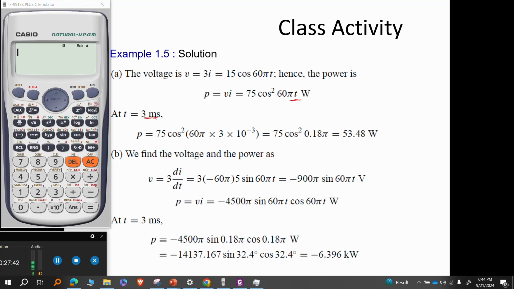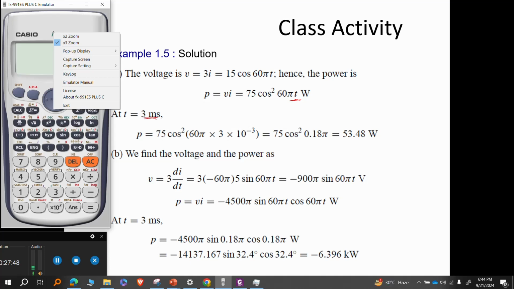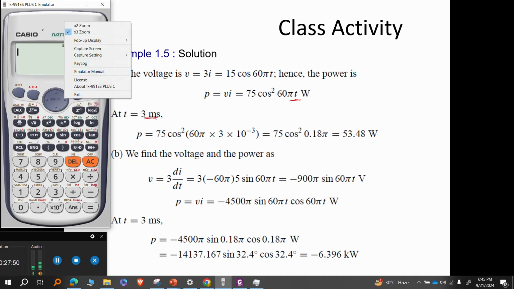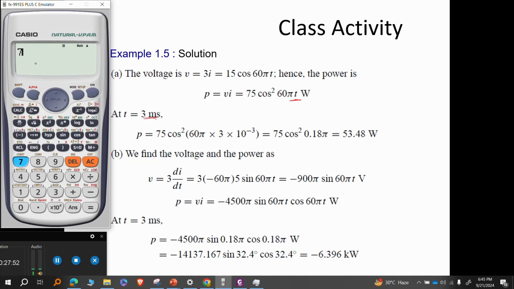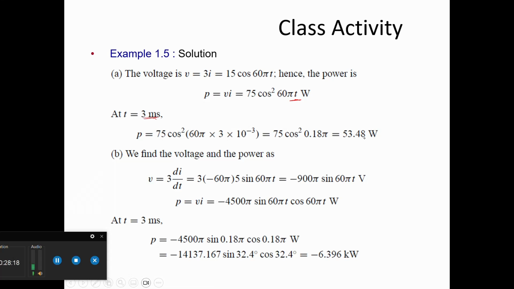So 75, and then we have cos 0.18 pi, take it square, and we get this 53.48 watt answer.